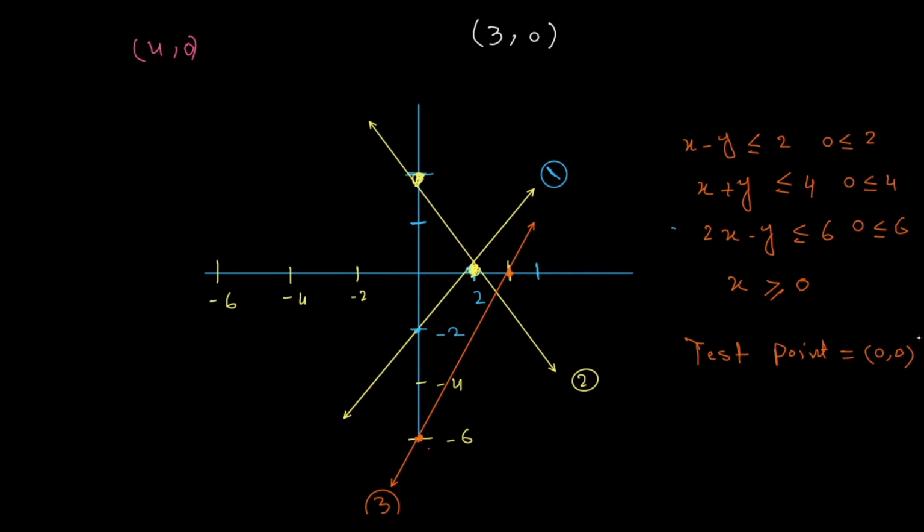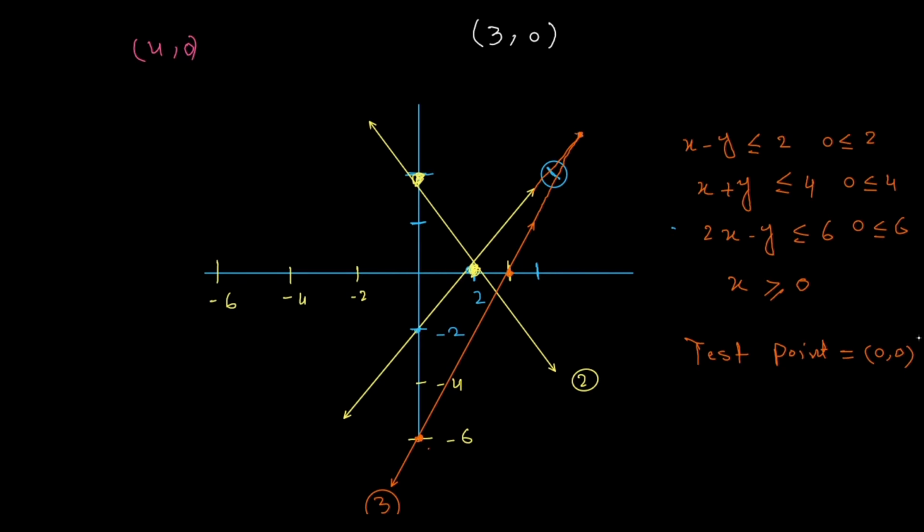If we extend this line, it is obvious that this line will meet the three lines. It will meet the first line at a point, and this is the point where it will meet.